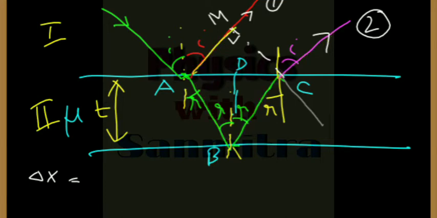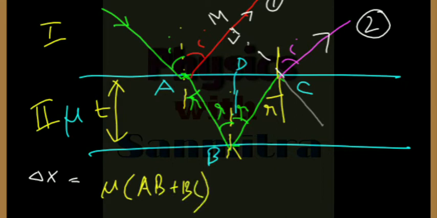So what I can say is that this del x will be the optical path inside the medium, that is mu into AB plus BC, minus this length, because this was actually moved by the first ray, minus AM. Now let's find what is AB plus BC.